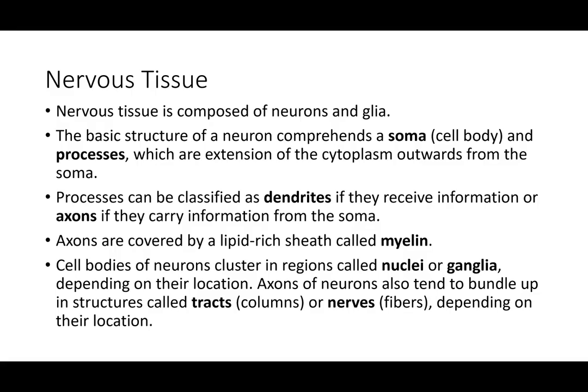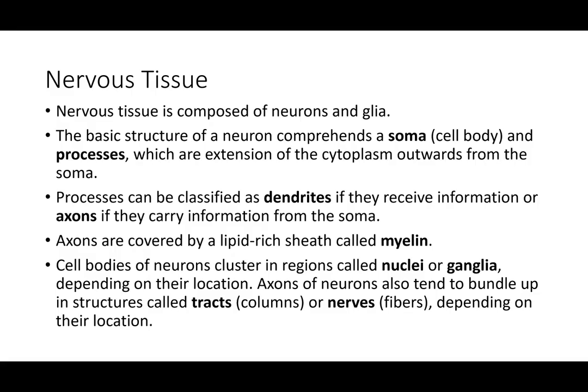The axons can be covered by a very lipid-rich sheath called myelin, and then the cell bodies of neurons are going to cluster together in regions that are either going to be called nuclei or ganglia, depending on where they're found within the body. The axons of neurons are usually going to bundle together in structures called tracts.